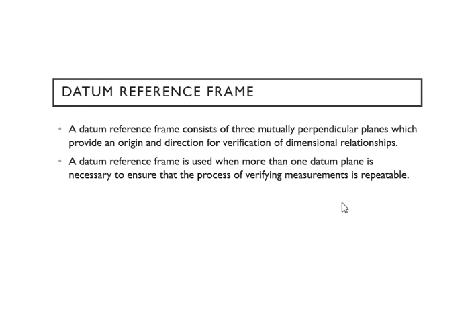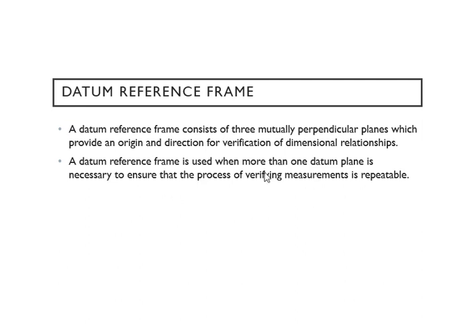Again, this is very important for the quality people. My line is in quality. So when you do the checking process, it's very important. The process of verifying the measurement is very much repeatable. You can do it again and again.